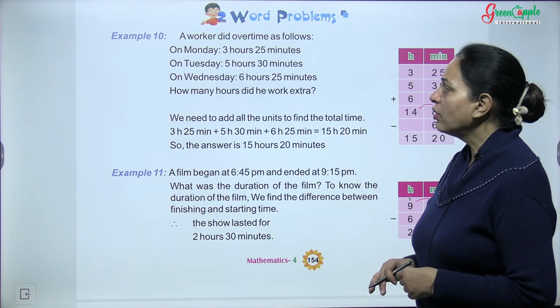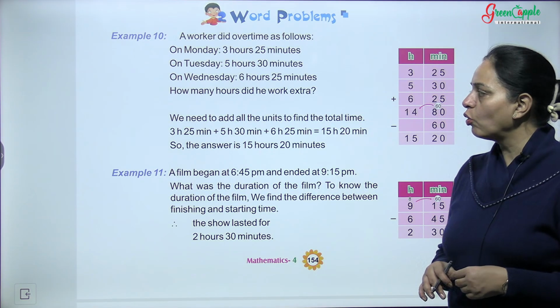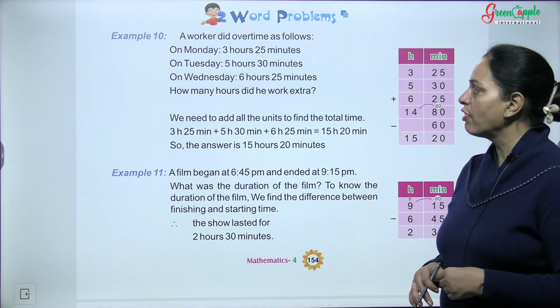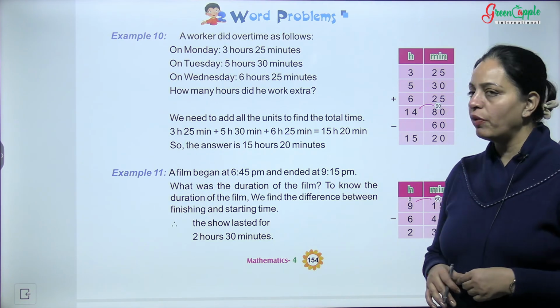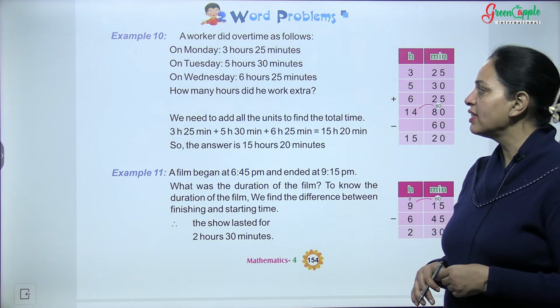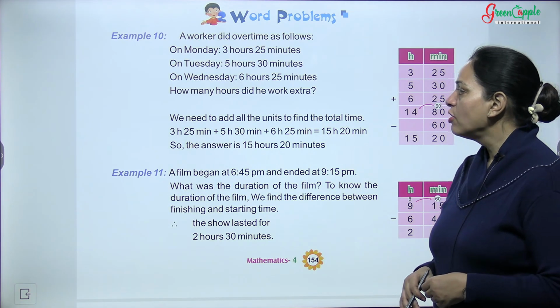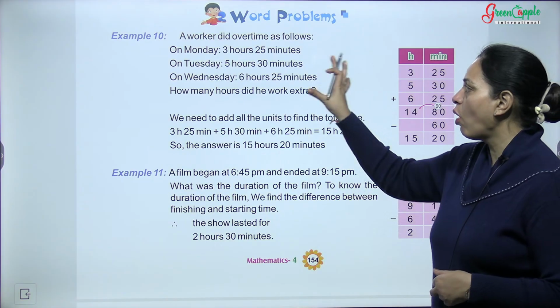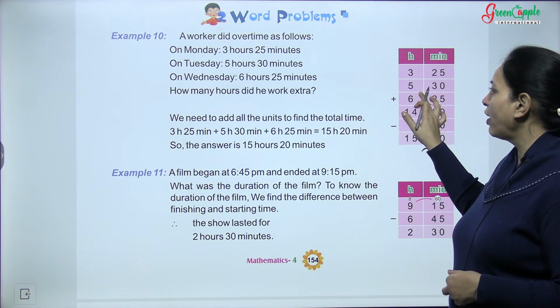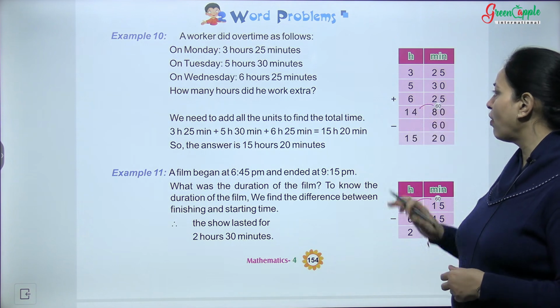Example 10. A worker did overtime as follows: on Monday 3 hours 25 minutes, on Tuesday 5 hours 30 minutes, on Wednesday 6 hours 25 minutes. How many hours did he work extra? So what to do? We have to add all. So make the columns hours and minutes: 3, 25; 5, 30; 6, 25.